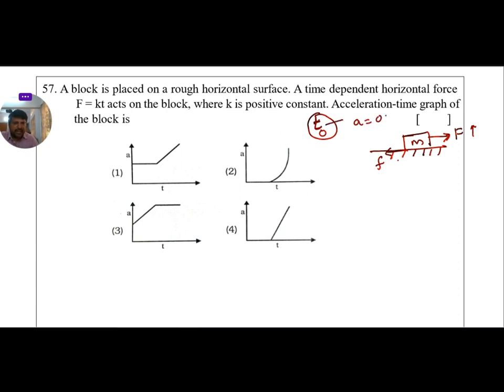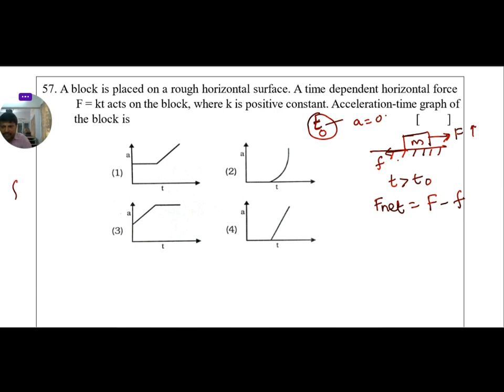If time is greater than this t naught, then applied force is greater than the limiting friction. Then which friction comes into play? This time the friction is kinetic friction. When kinetic friction comes into play, net force is equal to F minus friction.